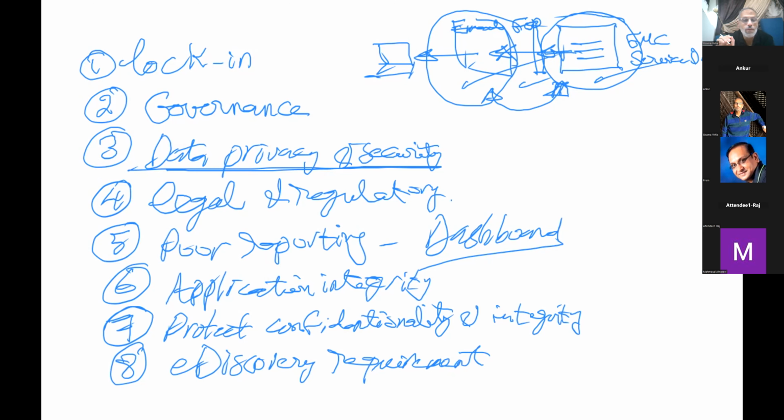In some situations, if the e-discovery requirements and responsibilities between the cloud service customer and the cloud service provider are not defined well, it will be a crisis. Because now the case is raised against you. They ask you for some data.